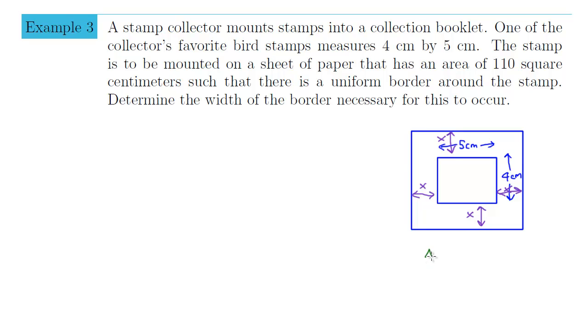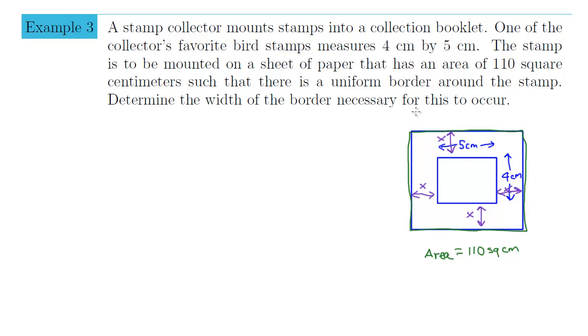The area of the entire paper on the outside, the area of this outer rectangle here, is 110 square centimeters. And to get the area of a rectangle, we need the length, or this side dimension, and the height, or the width, this side dimension. So let's figure out what those dimensions are.